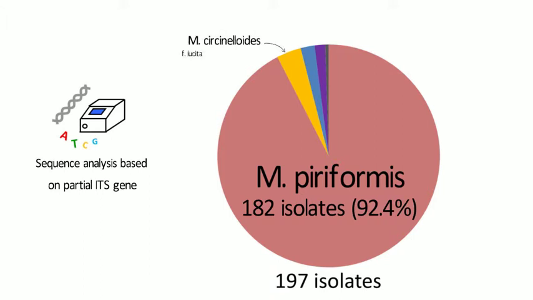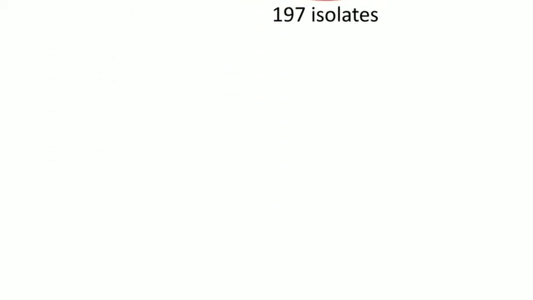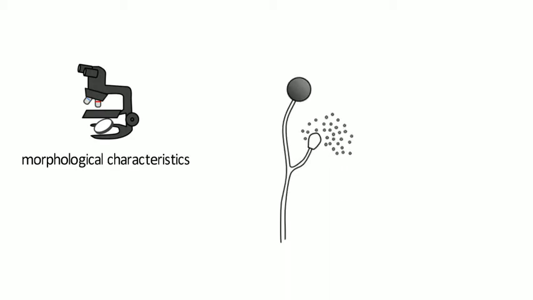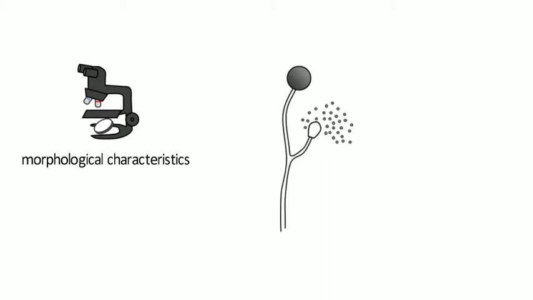Other minor species were 2 forms of Mucor circinelloides, Form circinelloides and Form lusitanicus, Mucor racemosus, Mucor hyemalis, and Mucor mucedo. Mucor species were also identified based on morphological characteristics by examining their structure.